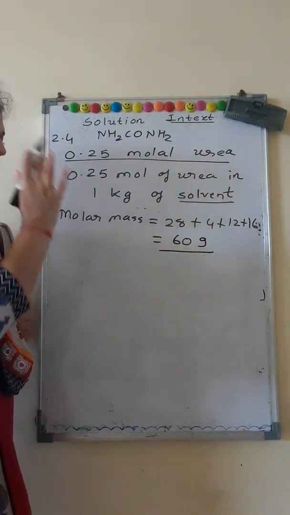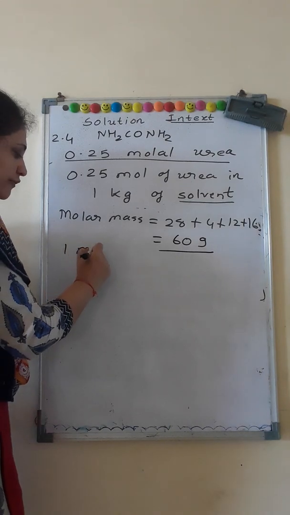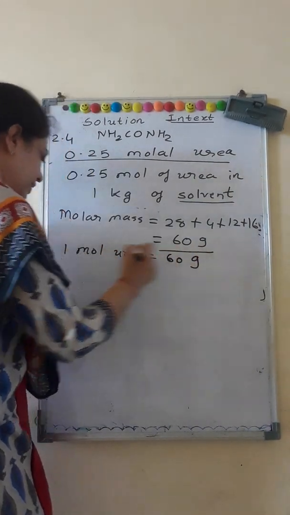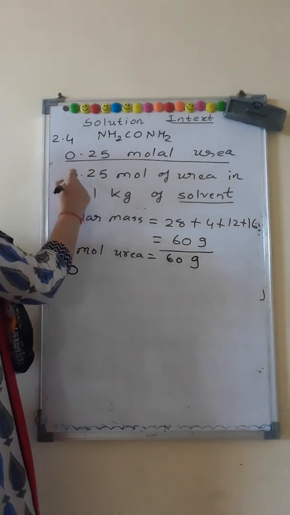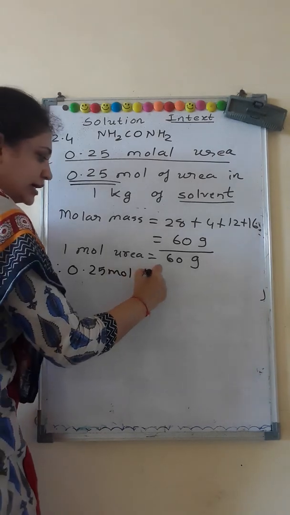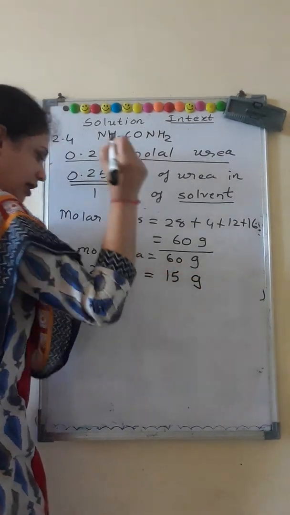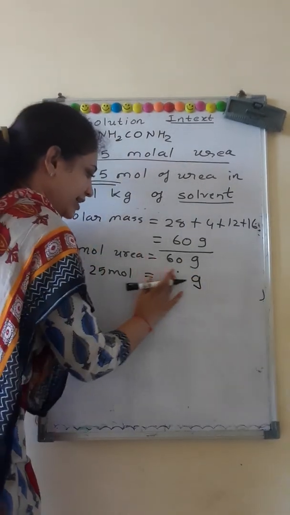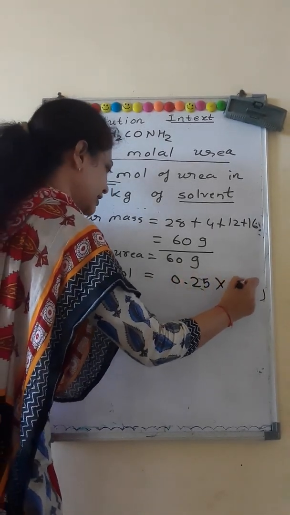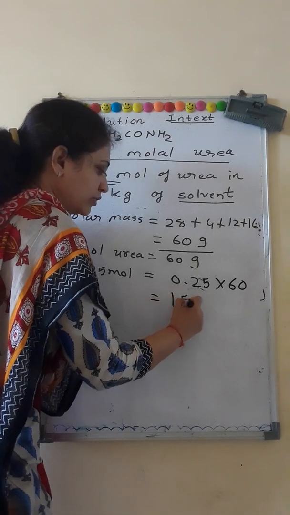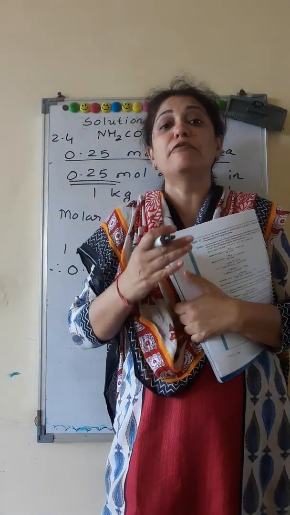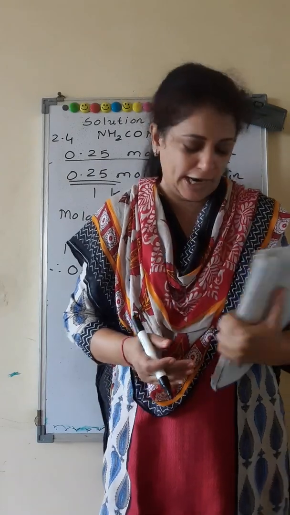So molar mass is 60 gram. So 1 mole of urea is equal to 60 gram. Therefore, we want 0.25 mole. So 0.25 mole of urea is equal to 0.25 into 60, which is equal to 15 gram. That means we have to dissolve 15 gram of urea.